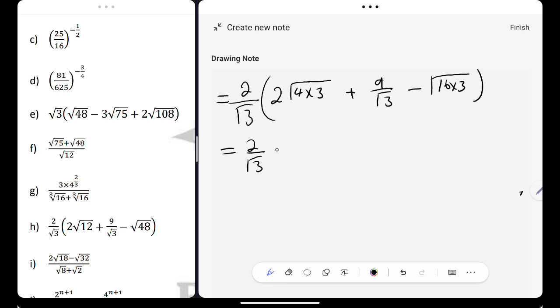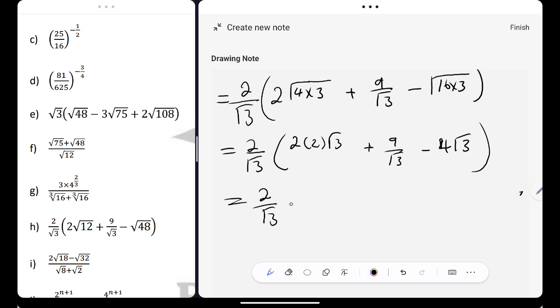2 over root 3, this side I'll get 2 multiplied by 2 root 3 plus 9 over root 3, minus 4 root 3. 2 over root 3. These two things will subtract one another, because 2 times 2 is 4 root 3 minus another 4 root 3.